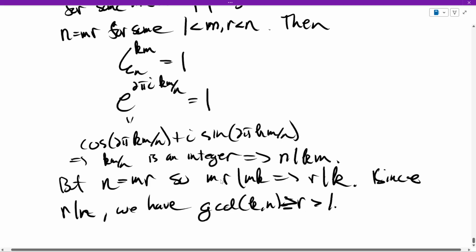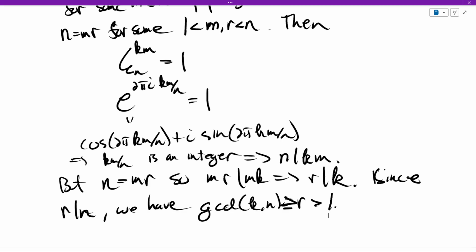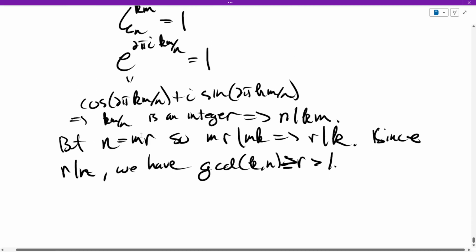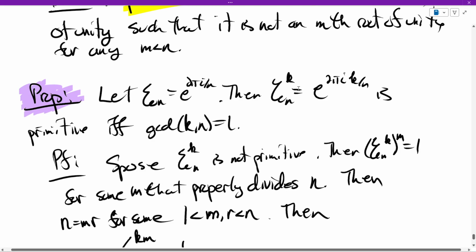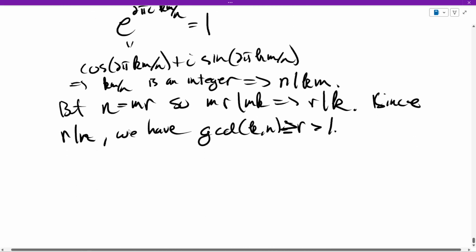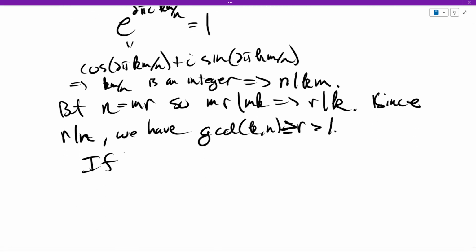So the GCD of k and n is bigger than 1, so they're not relatively prime. Okay, so we saw that if not primitive, then the GCD is not 1. And now we're going to suppose the GCD is not 1 and show not primitive. So we're doing contrapositive in both directions.